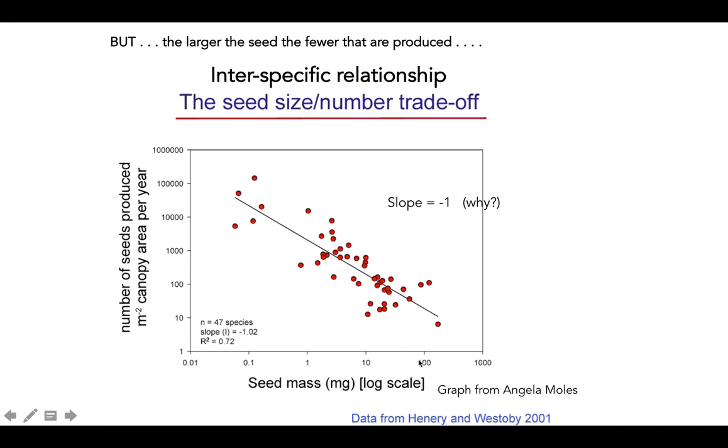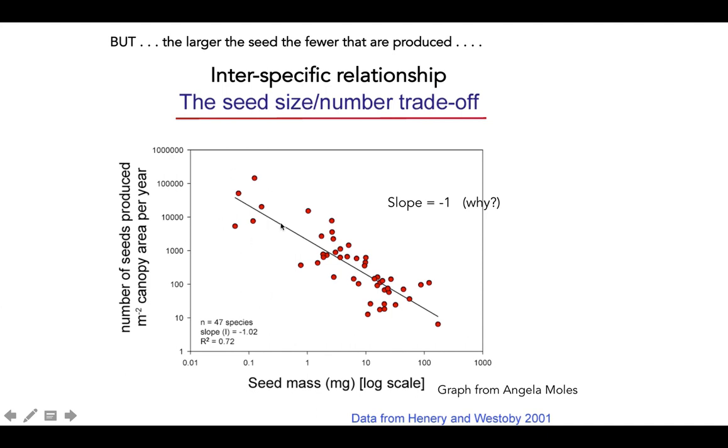And that is, when we find a forest dominated by species that produce big seeds, they tend to produce fewer numbers of seeds per canopy area per year. Whereas if we find ourselves in a forest that's dominated by species that produce small seeds, they tend to produce a heck of a lot of small seeds per unit area. Notice this is a logarithmic scale.